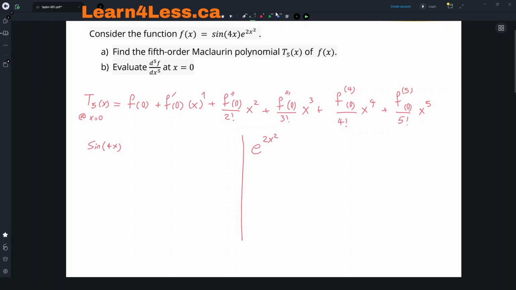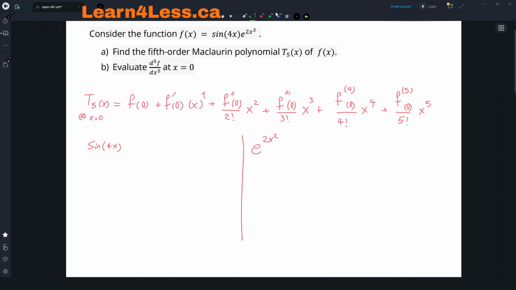Instead of that, we need to have a little bit of background. So you have 5 famous functions: sine of x, cos of x, e to the x, ln of 1 plus x, and 1 over 1 minus x. We need to memorize these 5 functions and their Taylor series at 0, or their Maclaurin series, Maclaurin polynomial.